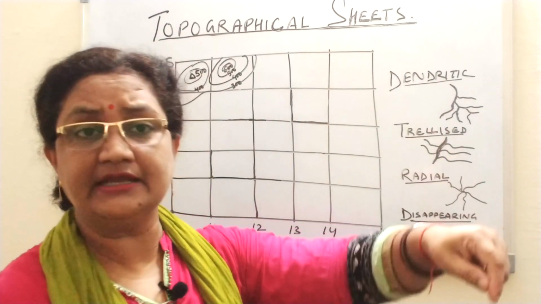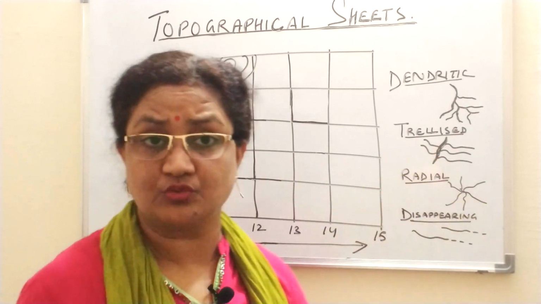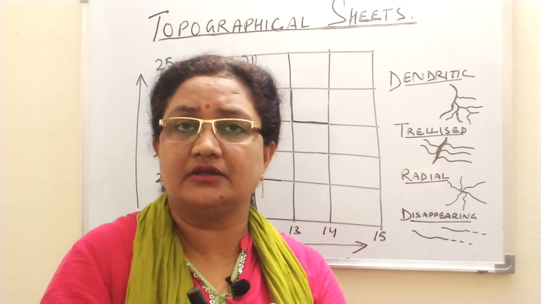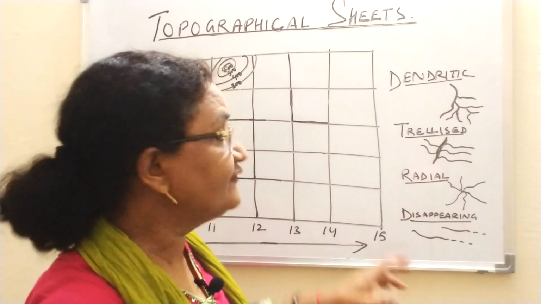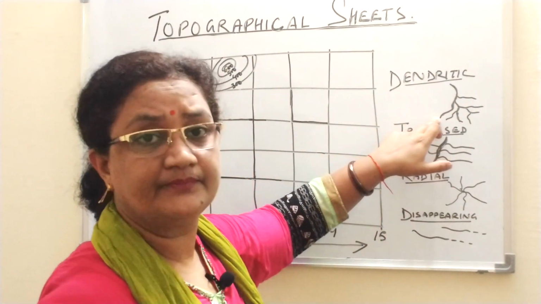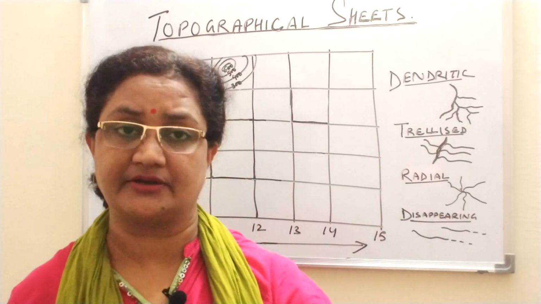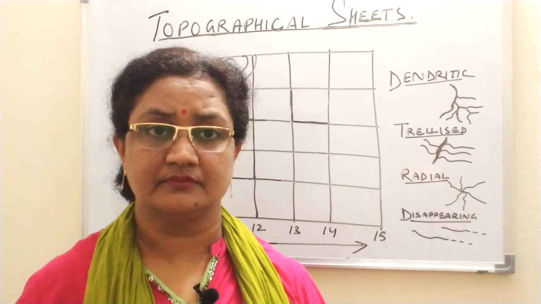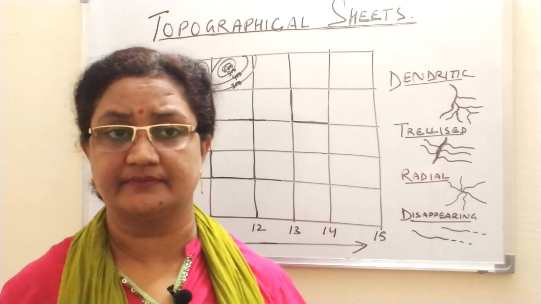Whenever in any area you get this type of shape, just like the branches of a tree, right? If it develops like this, this is called a dendritic drainage pattern.